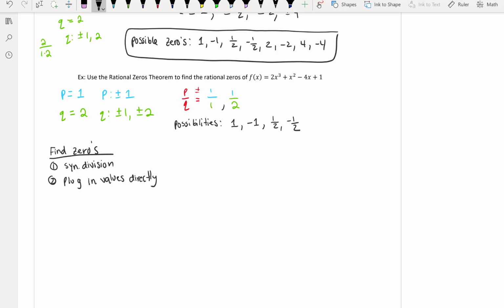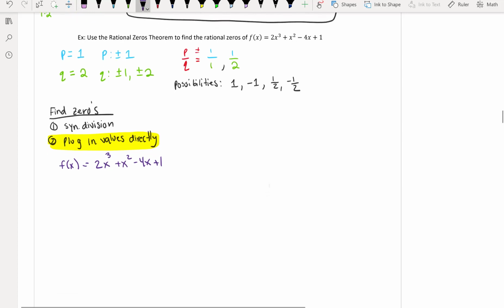For me, I actually like plugging in the values directly. So let's say I'm going to use method number 2, because that's what I feel more comfortable with. So then I know that for my function f of x, I had this 2x cubed plus x squared minus 4x plus 1. And that was my original function. So here are the possibilities.